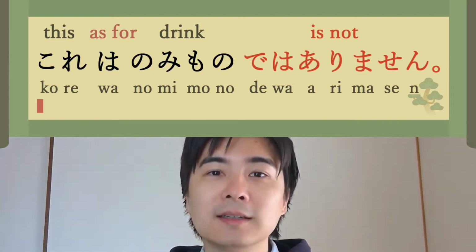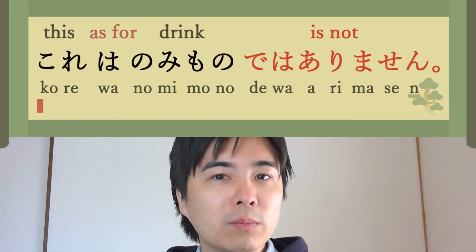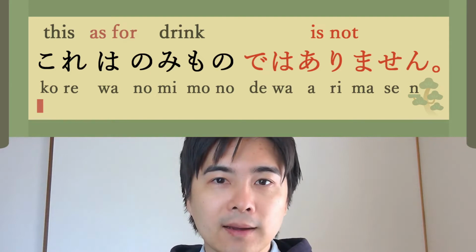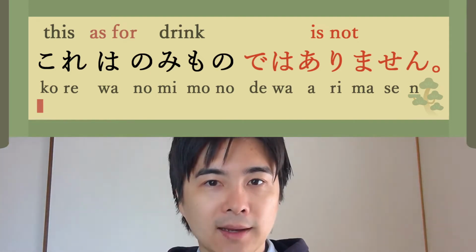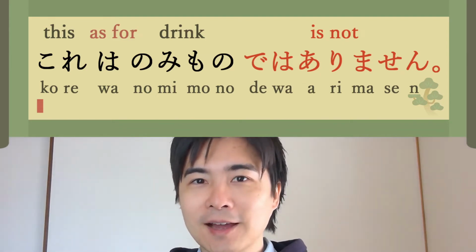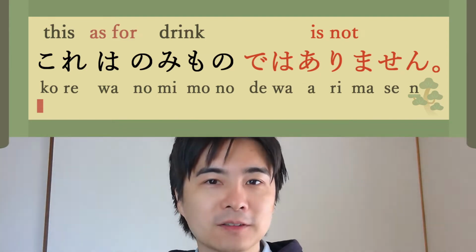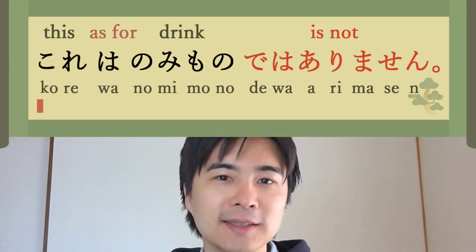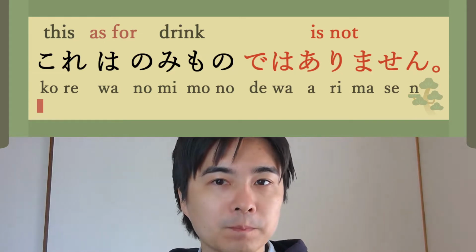So it means this is not a drink. Do you understand how to make a negative sentence in Japanese? Please just remember that you need to change です into ではありません to make a sentence negative.